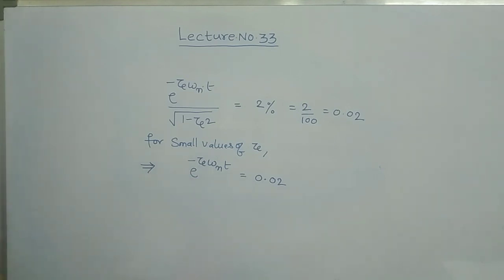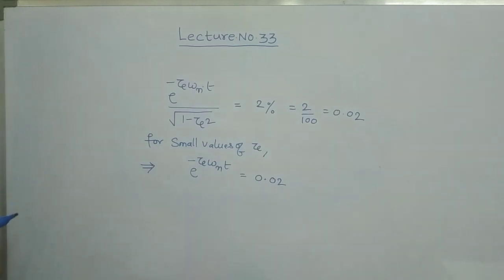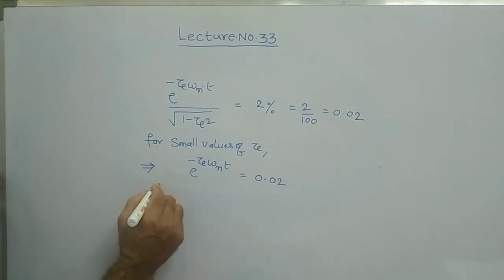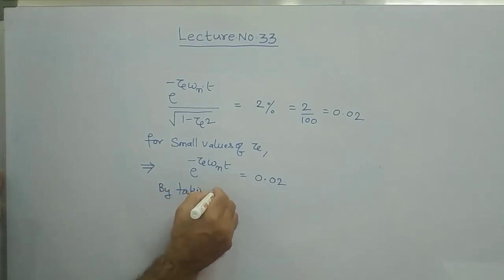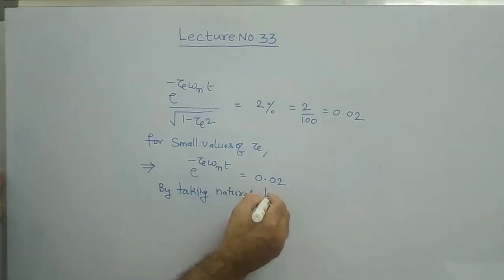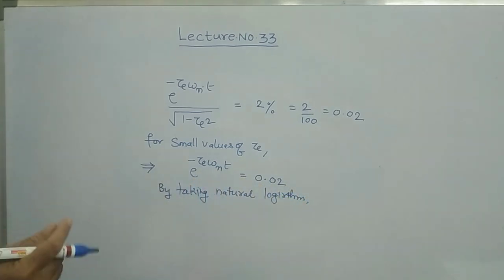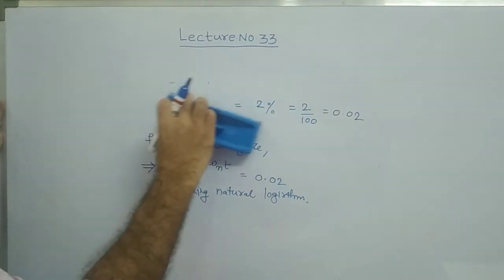Take the natural logarithm on both sides, because exponential is there, in order to cancel the exponential. By taking the natural logarithm on both sides, then what you will have? ln. Clear?